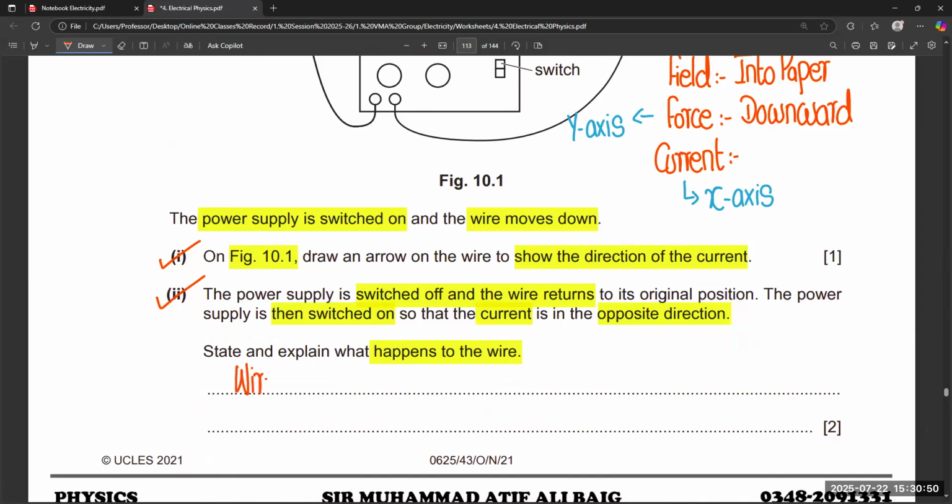So the wire moves in an upward direction.